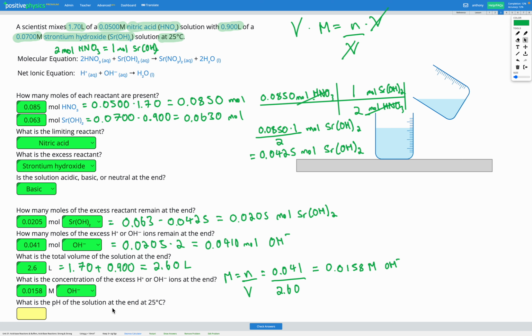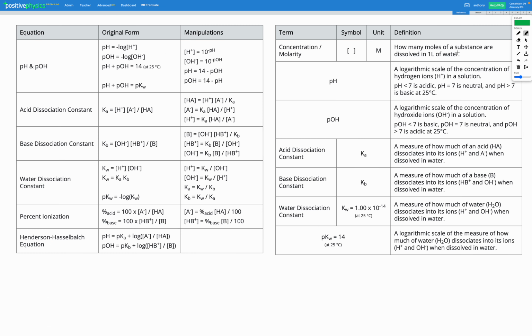Awesome. So now we're going to use our equation for pH, or in this case, pOH, to figure out the pOH of our solution. Here's the acids and bases page of our reference sheet, and our pOH equation is here. pOH is negative log the concentration of hydroxide ions.